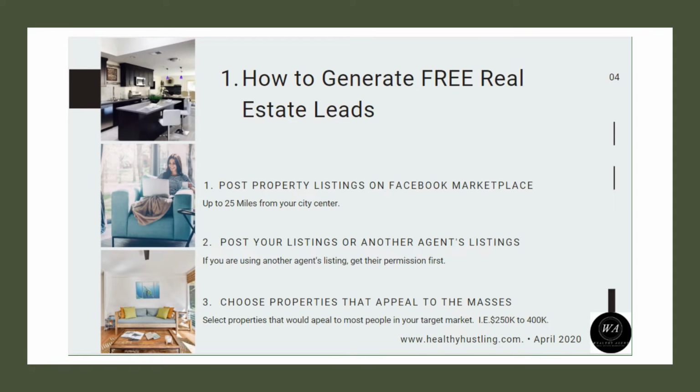So you want to select properties in your target market where it's a big audience to pull from. For example, I'm sitting in the Charlotte, North Carolina area. That particular market would be in that 250 to 400 range. So you would pick properties that fall into that range, and then some that you think would appeal the most to your target area audience.